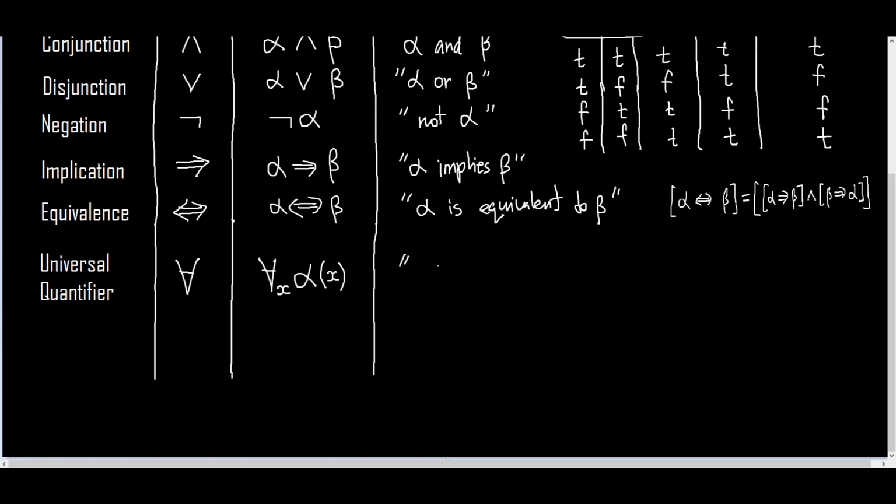Now, how do we read this thing? One of the ways of reading this is to say, for every x, alpha x. And the logical meaning of this is tied closely to how we read this. So alpha was a mathematical statement that involved an object x, and the object x wasn't specified in advance.